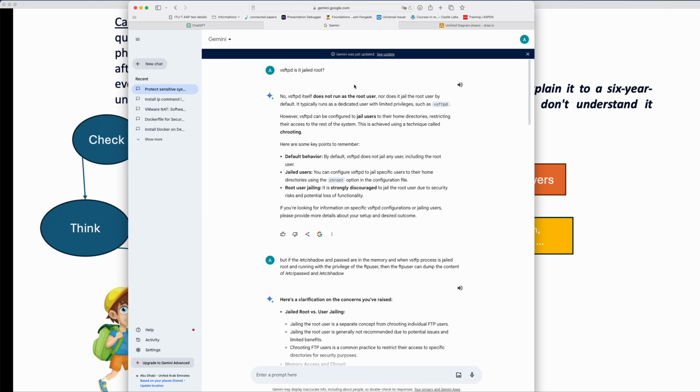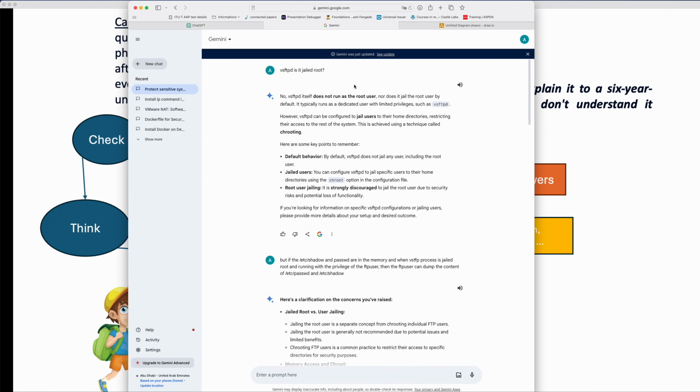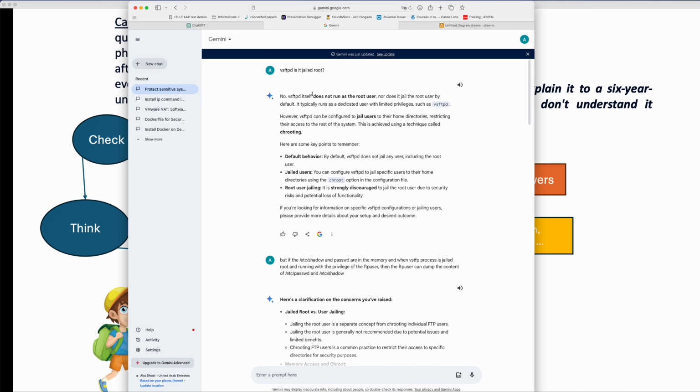Then I decided to use another tool, which is the Bard AI tool of Google. To give it more context, I started by asking a general question: is the FTP server jailed root?